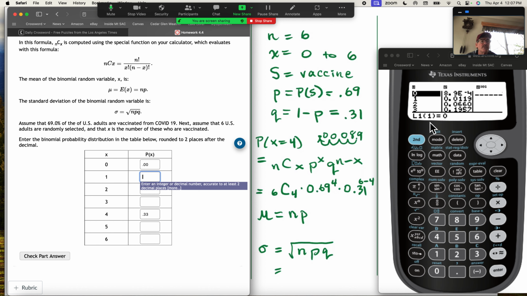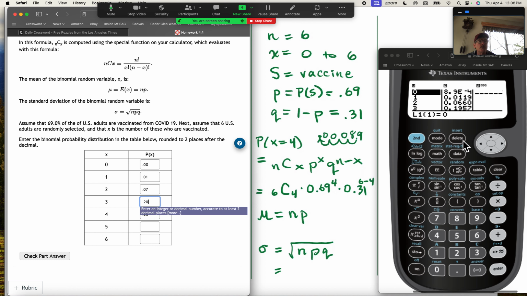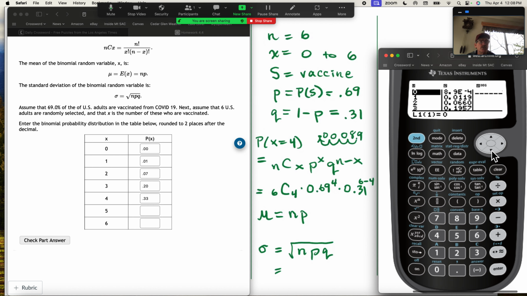And with 1 success, you can see it's 0.01. For 2 successes, it's going to be 0.07. Okay, for 3 successes, you can see it's 0.1957. We're going to just make that 0.20 with a rounding. And then over here, for 4 successes, it should be 33%.